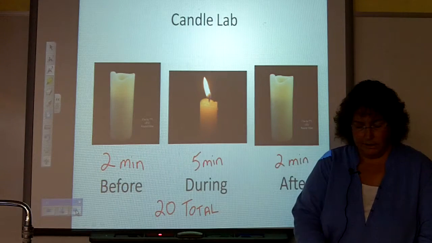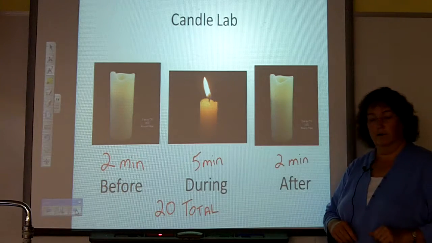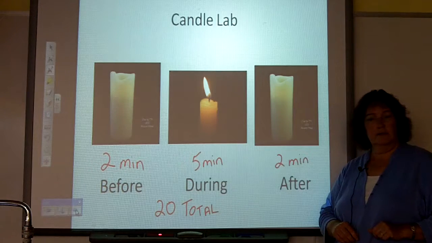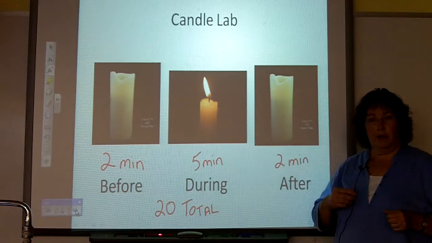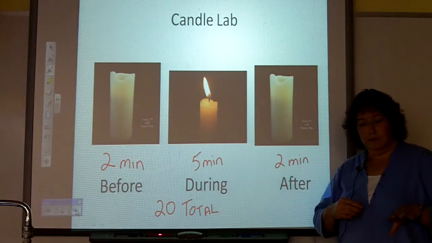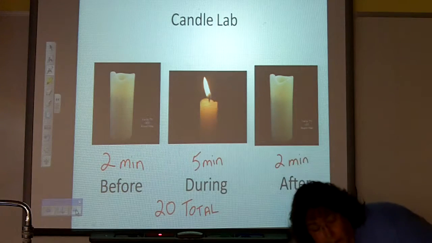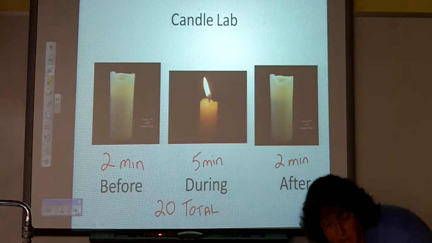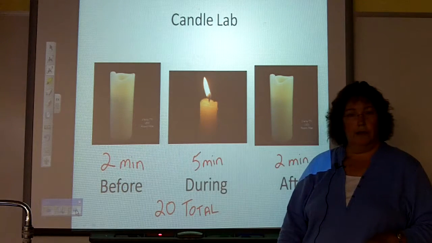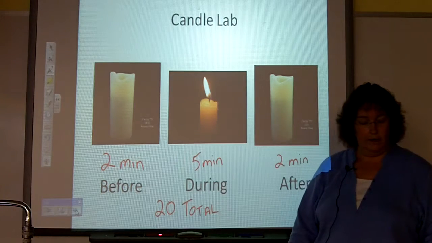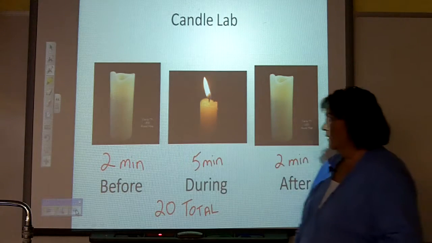Second safety factor, if you have long hair, tie that hair back. It's too easy to be distracted down here like this, making observations, and to have your long hair swing into that candle flame. So get that hair tied back.